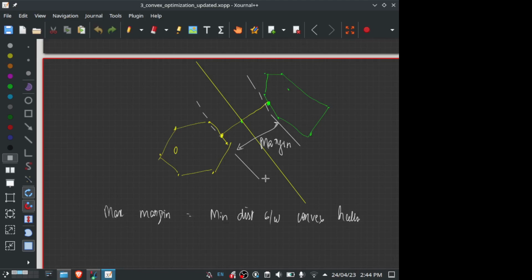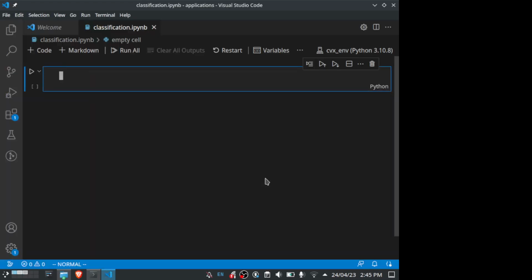One can just write a few lines of code to solve this convex optimization problem using CVXPY. Let's perhaps try to do that.